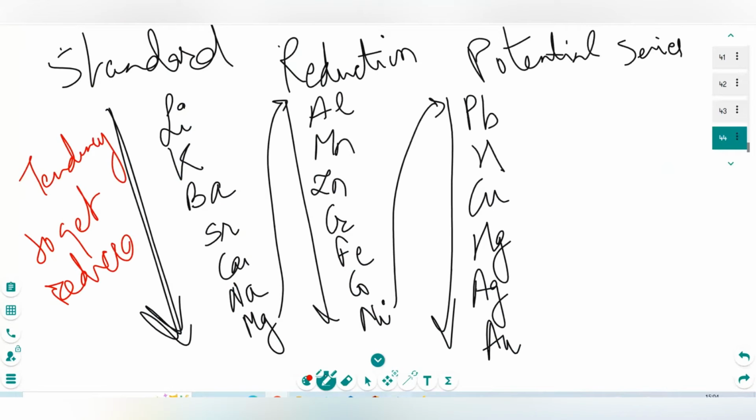That means when you are going down, it is showing the reducing agent form. But what will happen for oxidation? Opposite. If I ask you about oxidation, then the lower one has to be the dominant one. Oxidation will go this way, reduction will go this way, opposite.